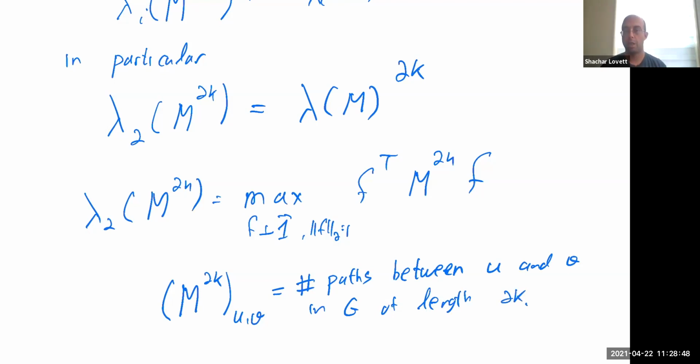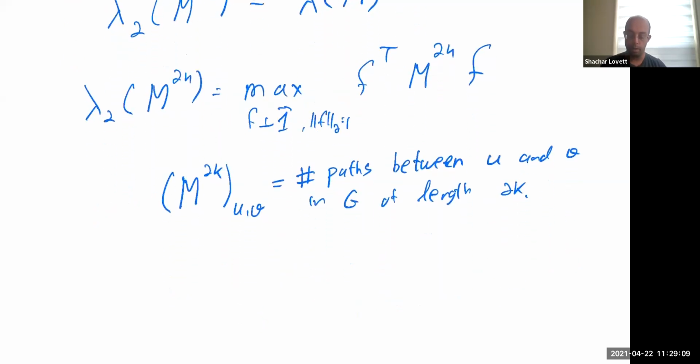Right, when I take the adjacency matrix, it counts edges. And if I take powers of it, it exactly counts paths in this graph, right? So now you already see the connection between looking at paths in this graph and looking at powers of the adjacency matrix.